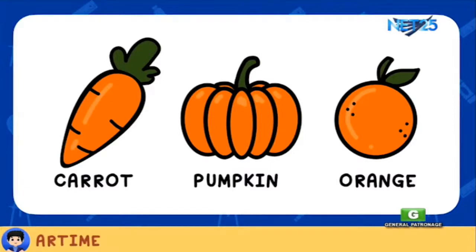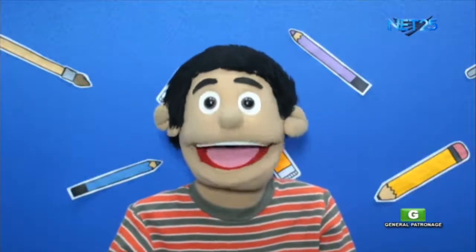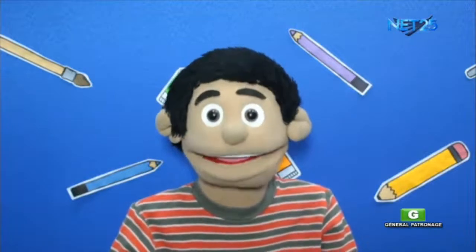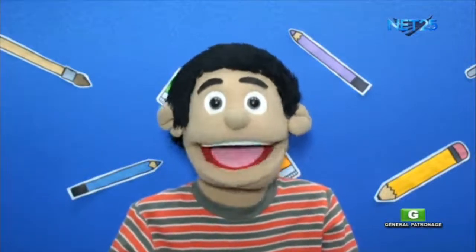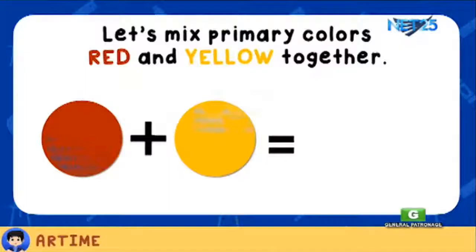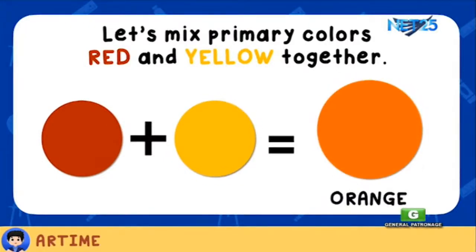Yes, they are usually color orange. Orange is a secondary color. What primary colors can we mix to make orange? Let's mix the primary colors red and yellow together. Red plus yellow equals orange.